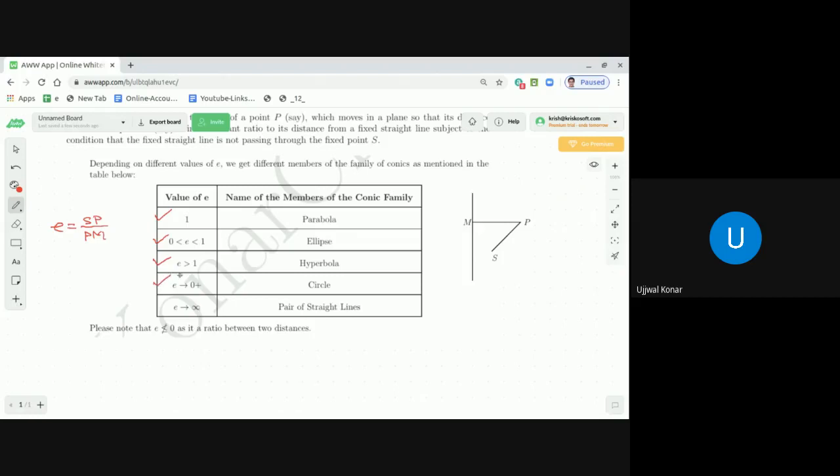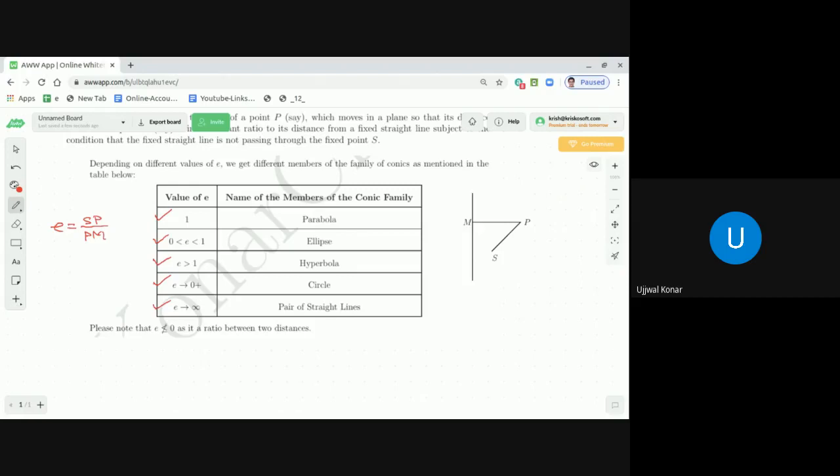And if that ratio is tending to infinity, in this case, we can say it is a pair of straight lines. Please note that E cannot be less than or equal to 0. E cannot be 0 because the ratio of two distances cannot be 0. And also it cannot be negative. So with this, we cover all the possible values of E.